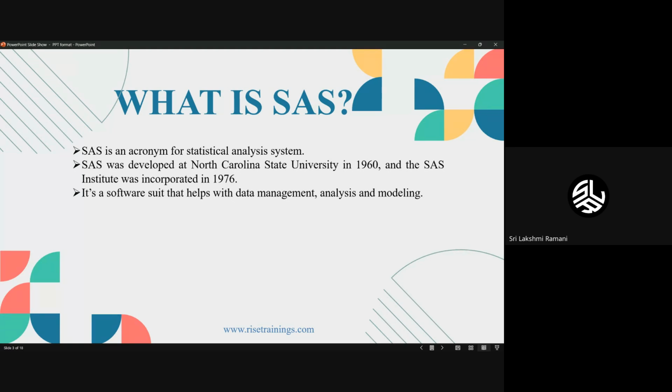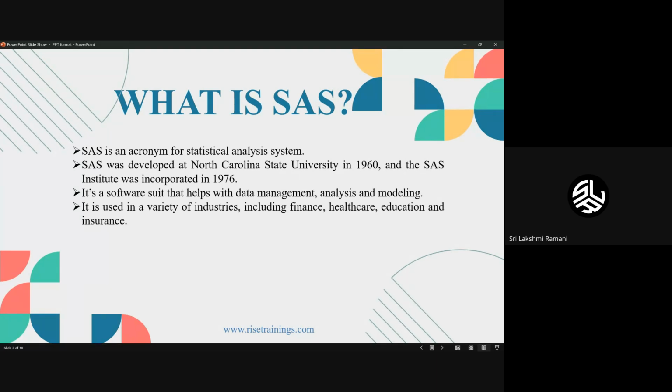It helps with data management, data analysis, and modeling. What we know is we only use SAS in the clinical sector. No, SAS is not only used in the clinical sector.